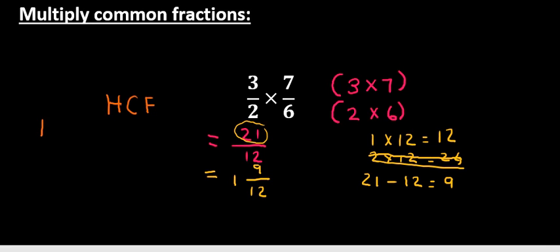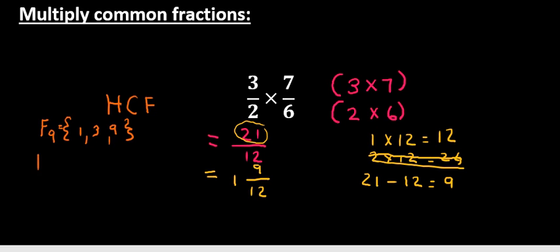So the factors of 9 is going to be 1 and 9 because 1 times 9 is going to give me 9, and then it's going to be 3 times 3 gives me 9. So my factors of 9 is 1, 3 and 9.